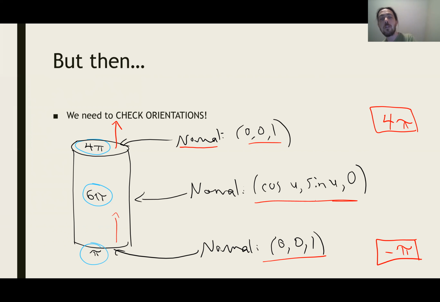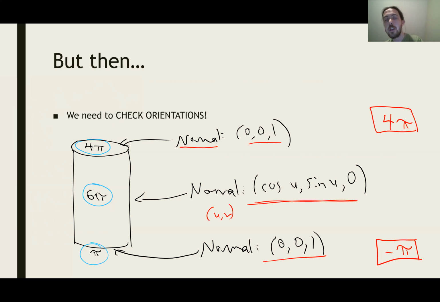For the middle, my normal was this, cos u comma sine u comma 0. That's what we calculated when we calculated tu cross tv. And so I have to figure out, is this normal giving me the right answer? Is it giving me the wrong answer? Is it going outward or inward? So we have to check. And there are a couple of ways to do this. One of them is to just plug in a point.